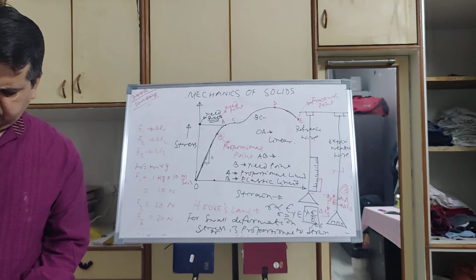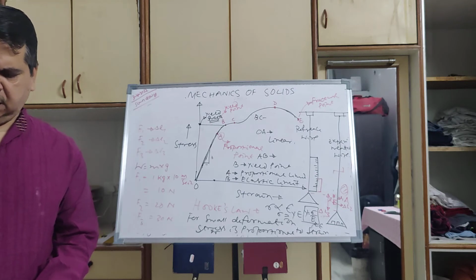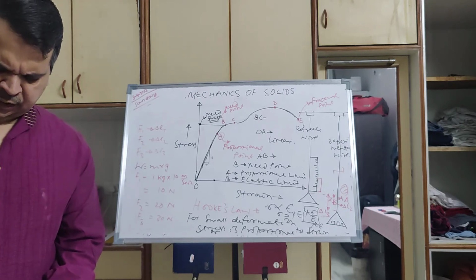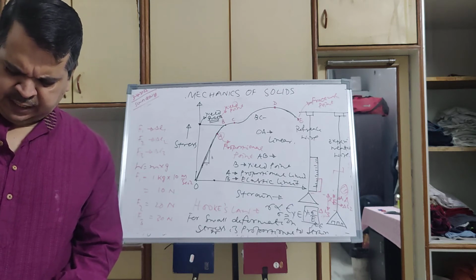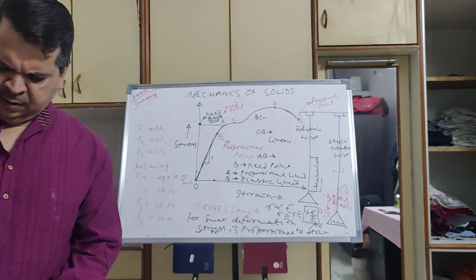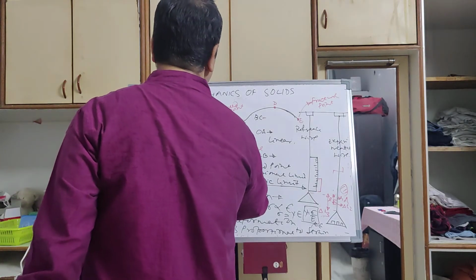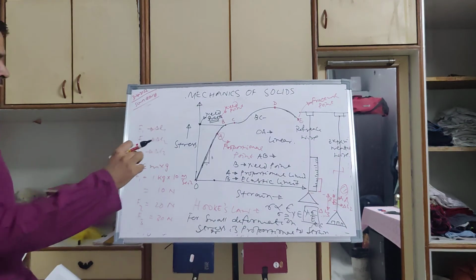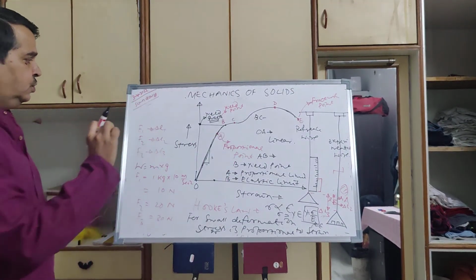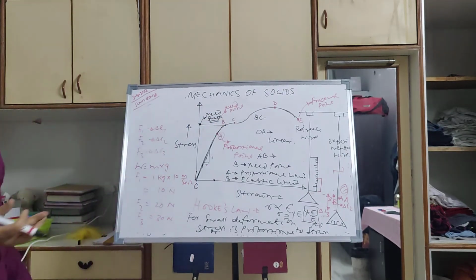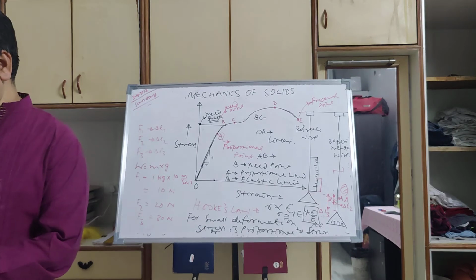If the load is increased further, beyond B, beyond the yield strength, the stress developed exceeds the yield strength and the strain increases rapidly even for a small change in stress. So from B to C, you can see the strain is increasing very rapidly, but it is almost a horizontal line. Without applying any additional load, the strain is increasing in the region BC.